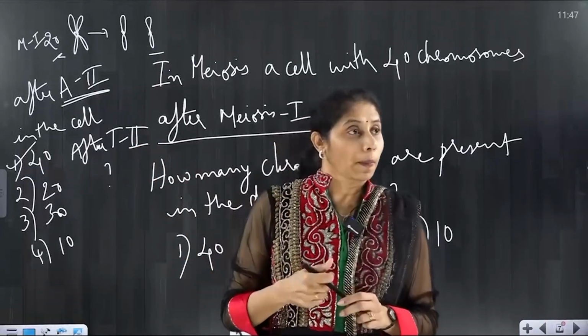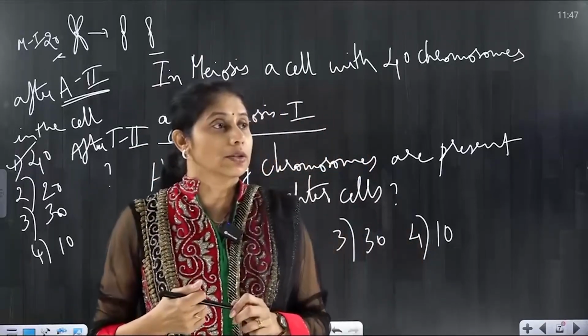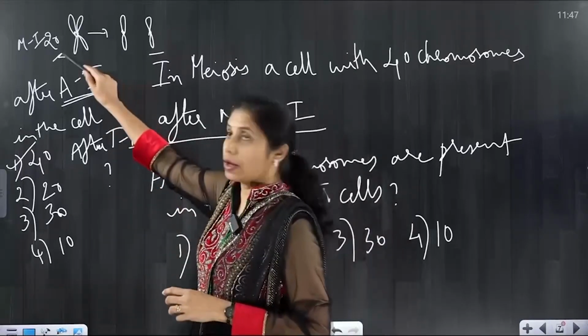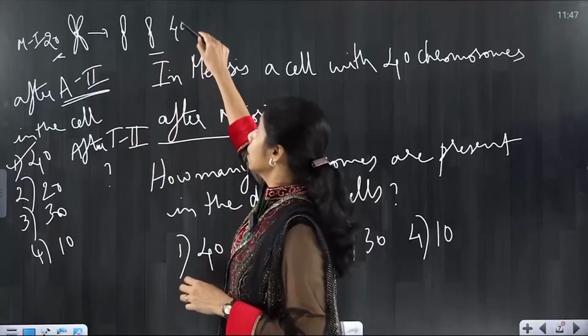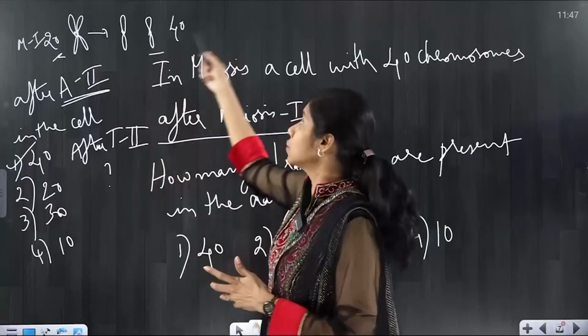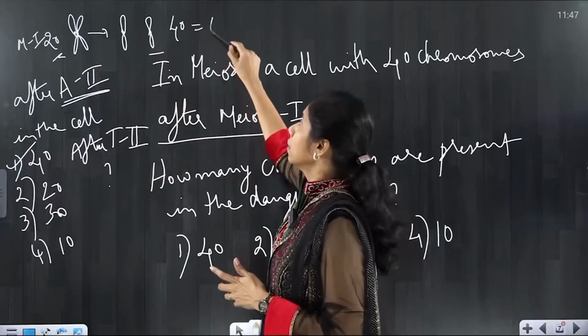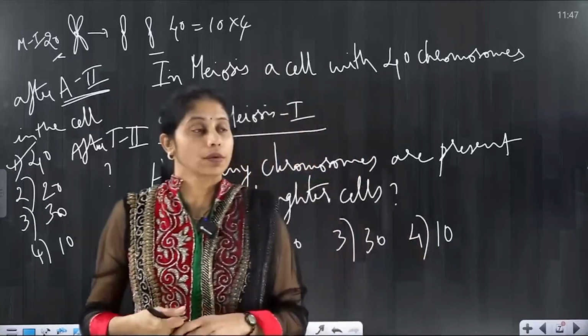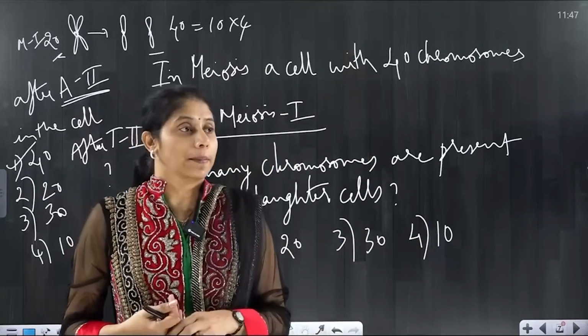Because this 20 got doubled as 40. 4 daughter cells are formed. So, each daughter cell will be getting 10.